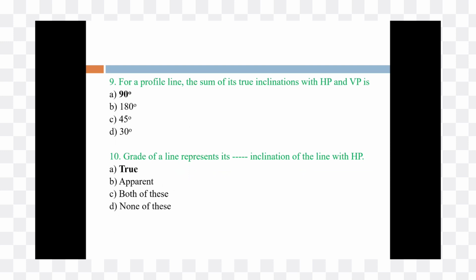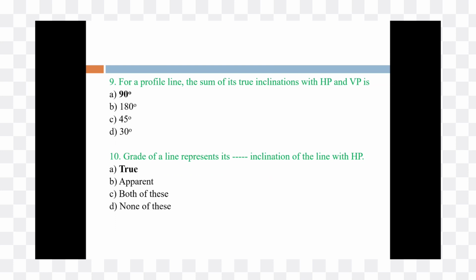The next one, ninth: for a profile line, the sum of its true inclinations with HP and VP is 90 degrees. As I mentioned in the previous one, the profile line is inclined to HP and VP and parallel to the profile plane, the PP.